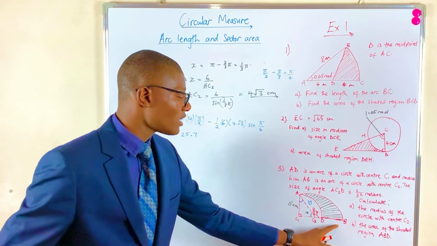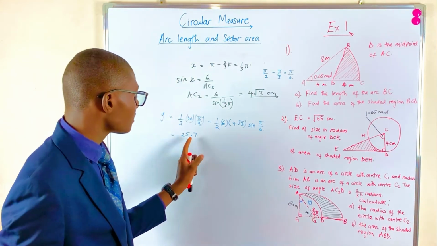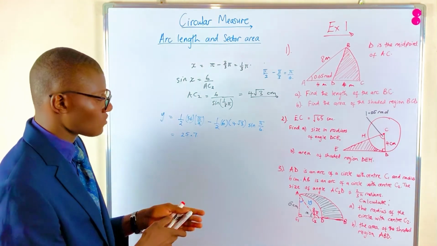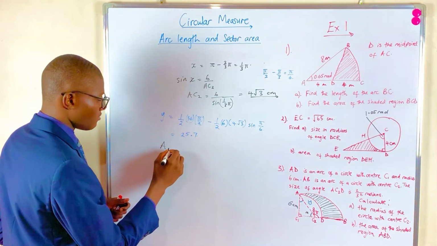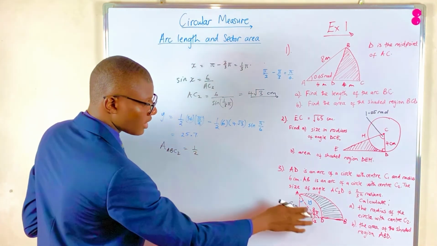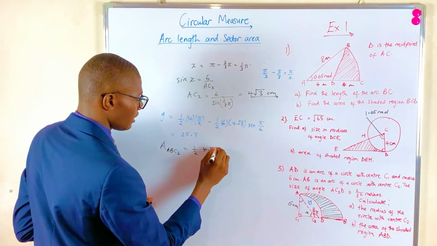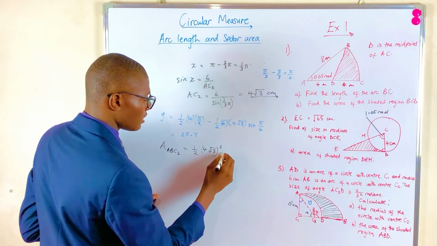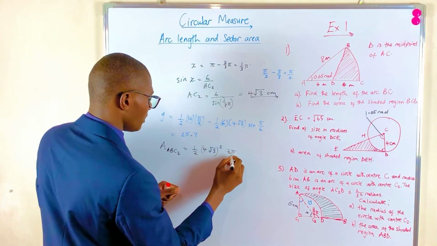So now we can calculate the area of the sector ABC2, then subtract this from it. So the area of the sector ABC2 is half r squared, the radius we calculated as 4 root 3 squared, then times theta being 2 pi over 3.